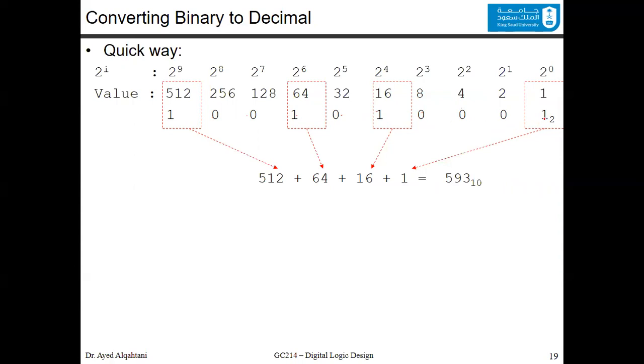So here we only consider the ones. And you can see that this is the power of 0, or its weight is 1. This one's weight is 16, and this one is 64, and this is 512. If you add them together, it will be 593. And this is the way to convert from binary to decimal.